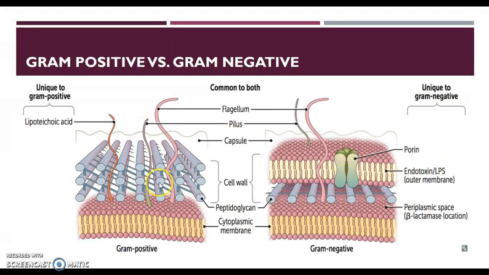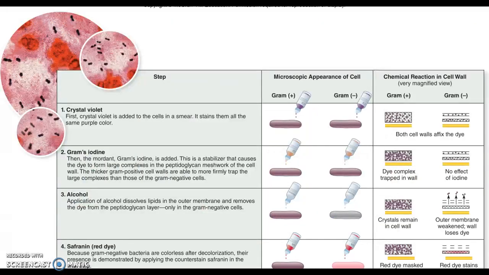So these are the primary differences between these 2 cell wall types, and their differences contribute to their staining. The way that we distinguish whether an organism is gram-negative or gram-positive is by staining a smear.